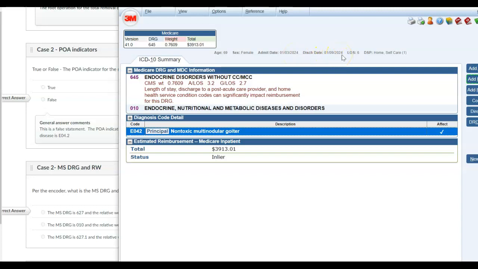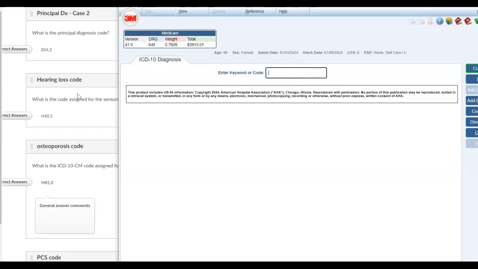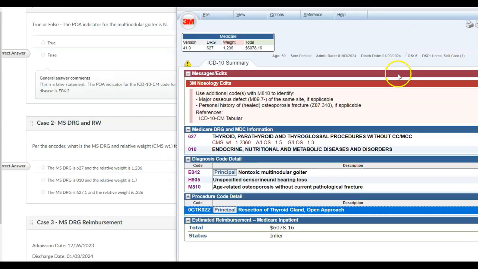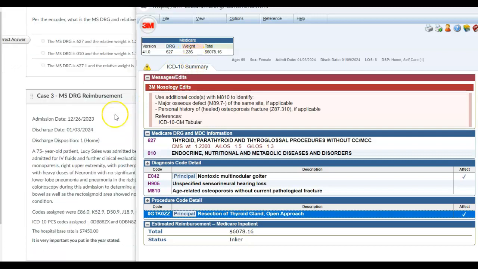Discharge 1/9/2024. Okay, so we have the goiter put in. Let's go ahead and add a diagnosis, which we have up here. I'm going to add this all in. Okay, so with this right here, my MS-DRG 627, relative weight is right up here, 1.236. Keep that in mind.